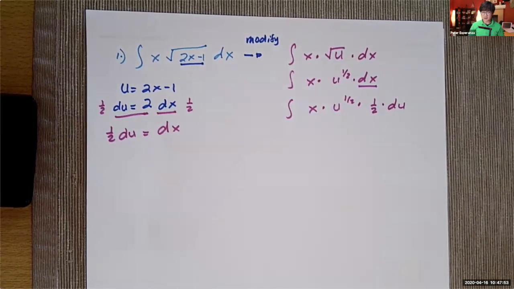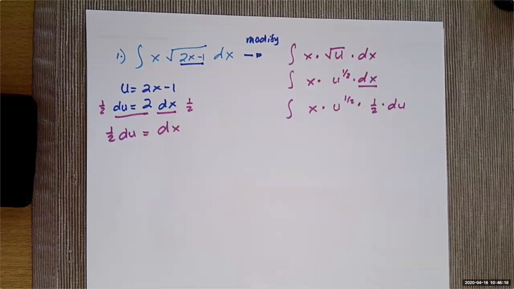How are we going to change our x in this function so that all of them will turn into a u function? Because remember, when we're trying to integrate or differentiate, we need to have a single variable. So do you have an idea how we can change that x into a function of u?